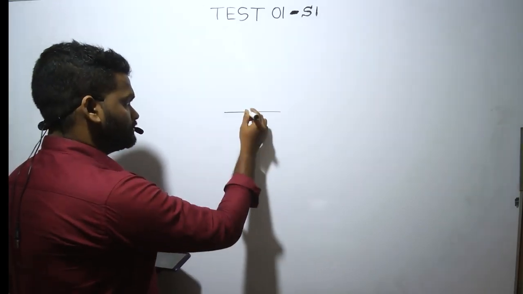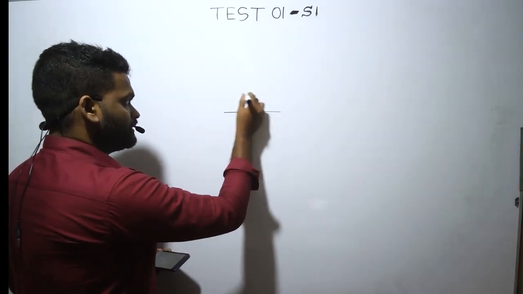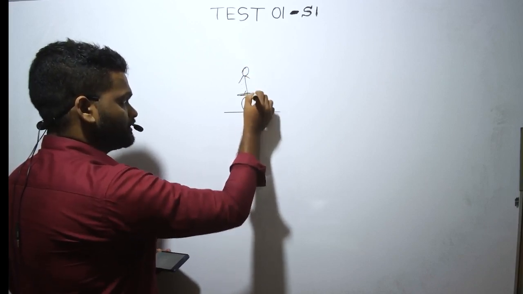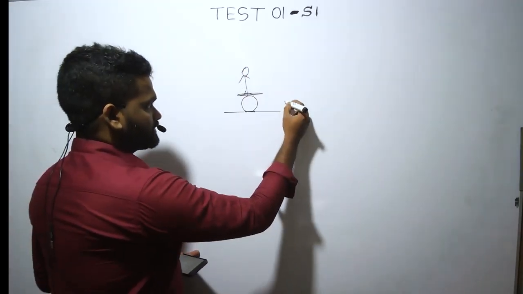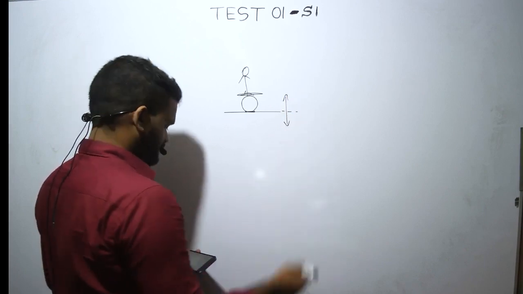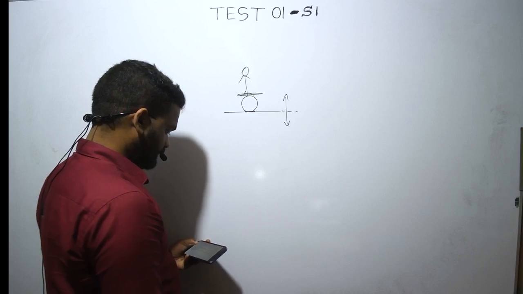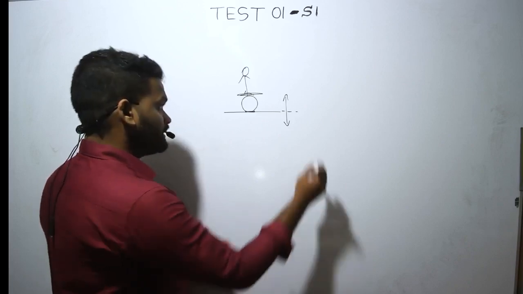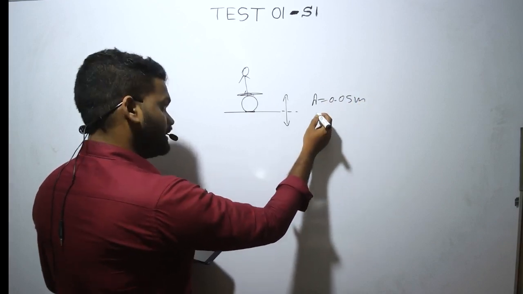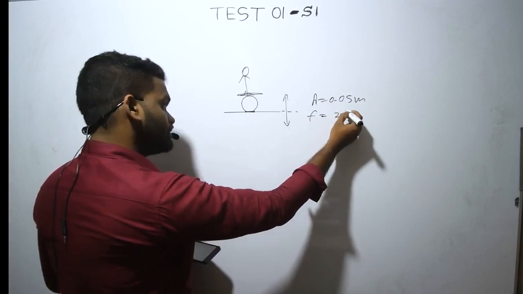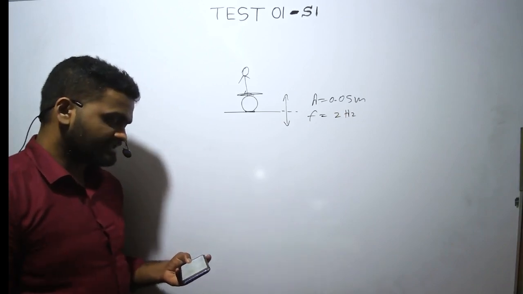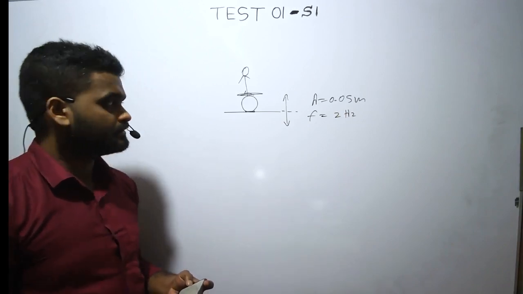Let's say on a platform, there you have the weighing scale and the man is sitting on it, right? So this one oscillates back and forth in a simple harmonic motion. And they say amplitude is 0.05 meters, and also given the frequency as 2 hertz, right? Here what they ask is maximum and minimum readings of the scale, right?